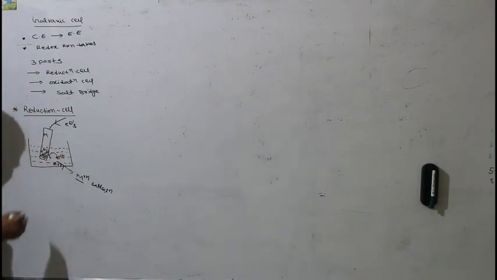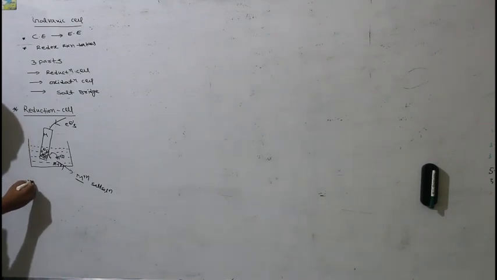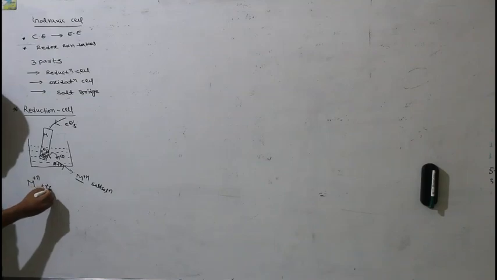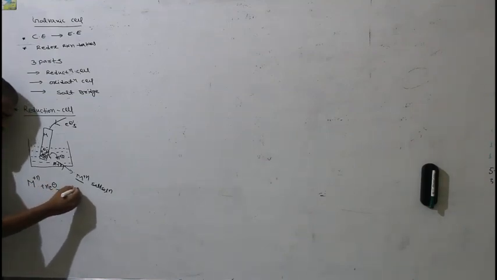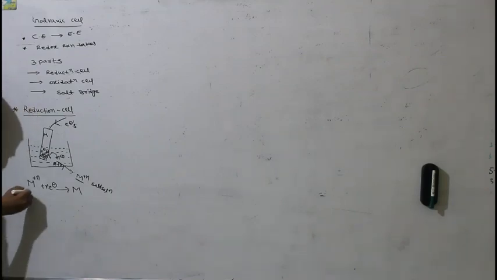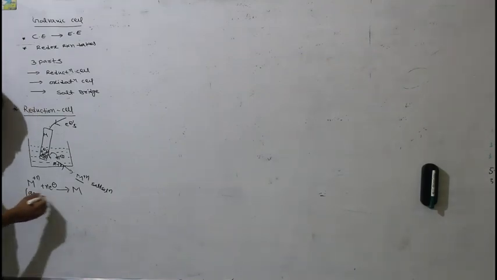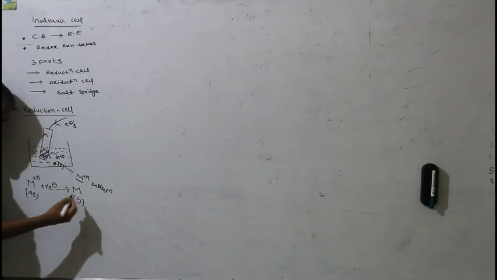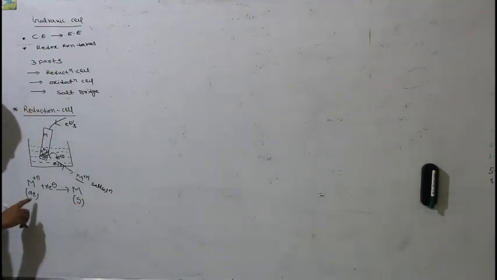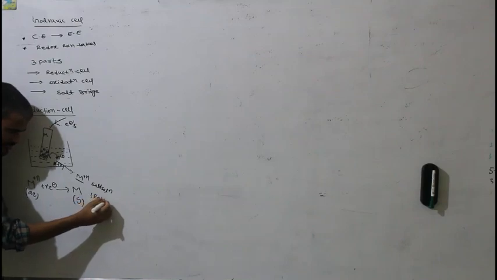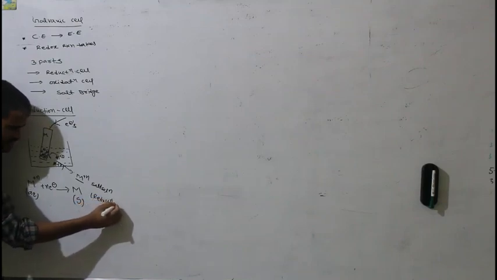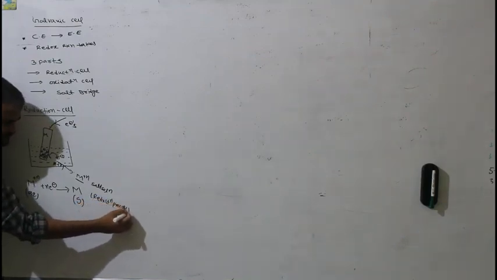When they go to the electrode, the metal cation accepts electrons from the electrode and becomes solid metal. It is aqueous here and became solid metal. This is called the reduction process.